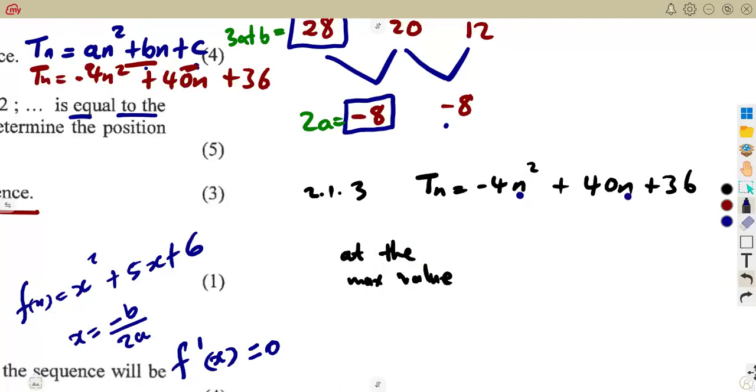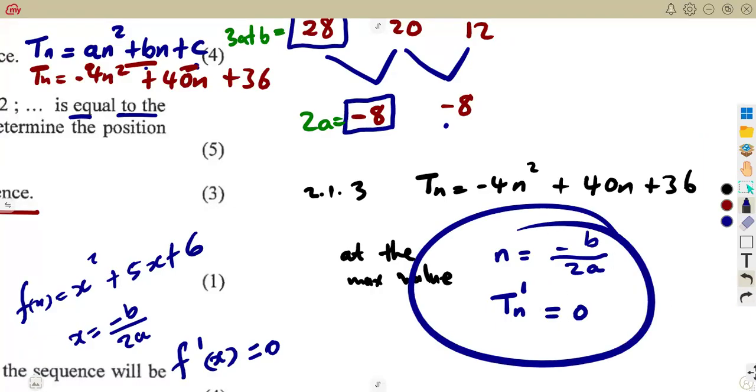It is in terms of n. So at the maximum value, n is equal to minus b over 2a. Or at the maximum value, the first derivative of the function that you're given must be equal to 0. With either of these two, you are going to find the value of n.